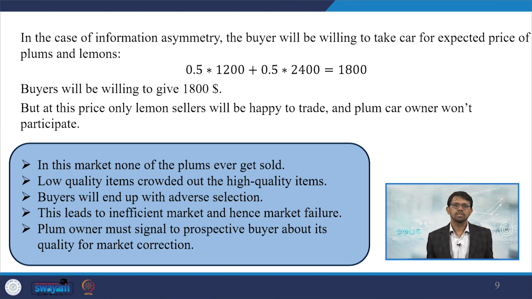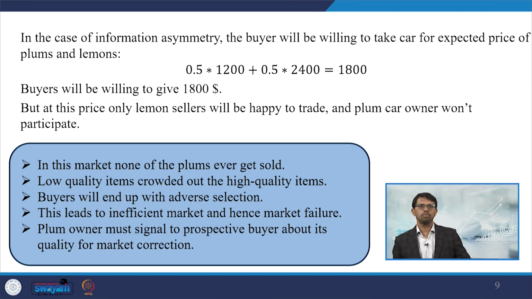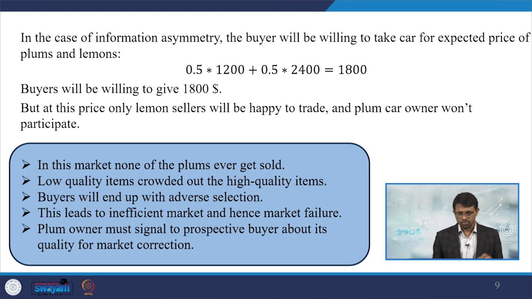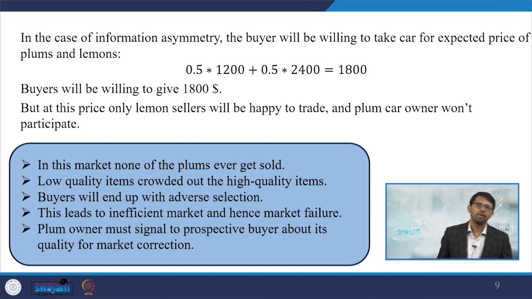In the case of information asymmetry, the buyer will be willing to take the car for the expected price of plums and lemons, let us assume with 50% probability. So, the buyer values lemons at 1200 and plums at 2400, hence the expected average price is 1800, which is what the buyer is willing to pay.